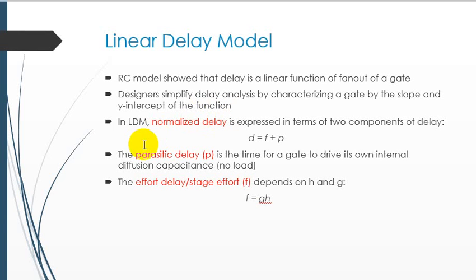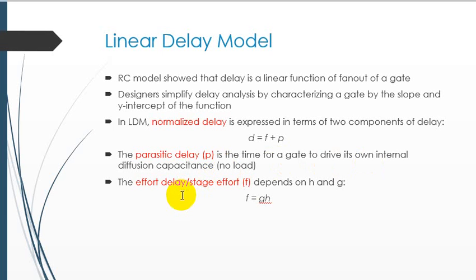Okay, and in the LDM, normalized delay is expressed in terms of two components: d is equal to f plus p. What is f and what is p? P is basically a parasitic delay, and it is the time for a gate to drive its own internal diffusion capacitance without any load.